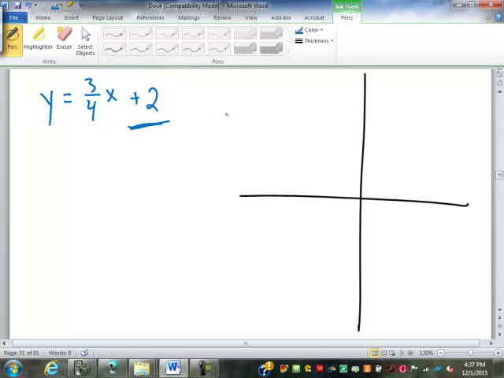Positive 2 right here, plus 2. So 1, 2. From there, our slope is what? 3/4. So from this point, we're going to rise 3 and run 4. There's my second point. There is my line.